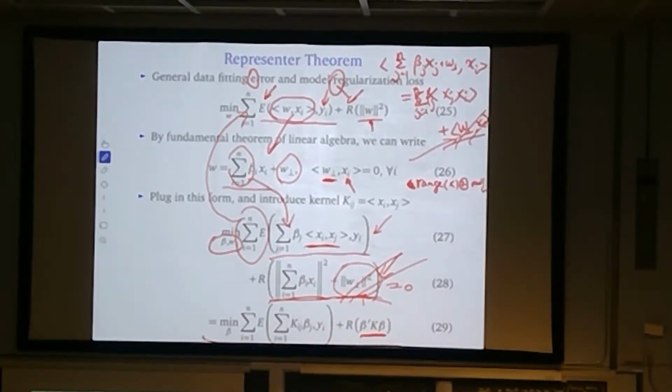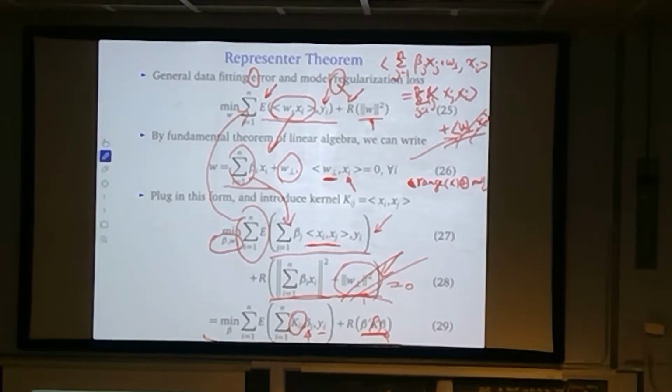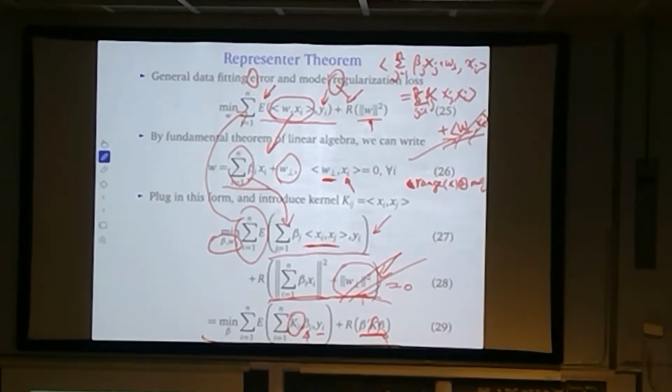Just look at the variables. It only contains what is unknown. K is known. Yi is known. Beta is the only thing I don't know. So it's a function of beta only, and I can solve this with, say, gradient descent.